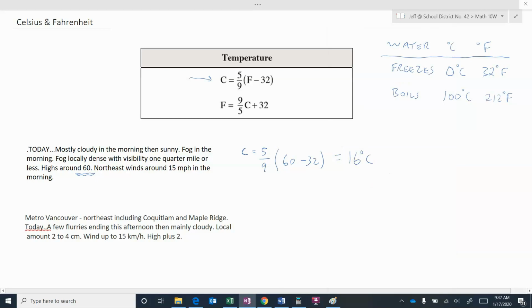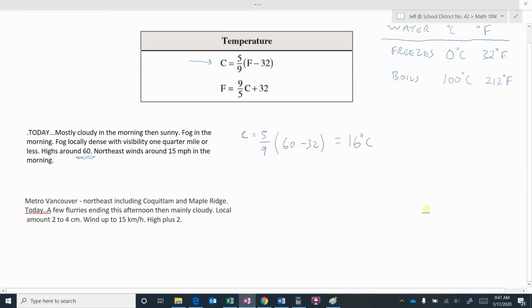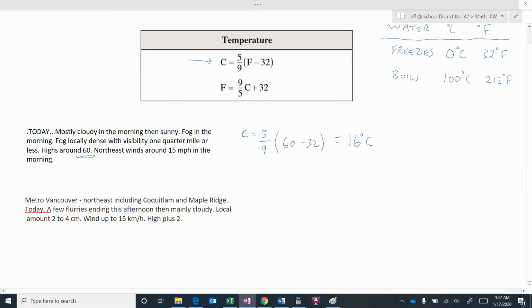But then let's say you're there at Disneyland and somebody asks you what the temperature was like back in Maple Ridge, and you tell them that the temperature had a high of +2. They might look at you funny because they don't know what 2 degrees is in Fahrenheit.